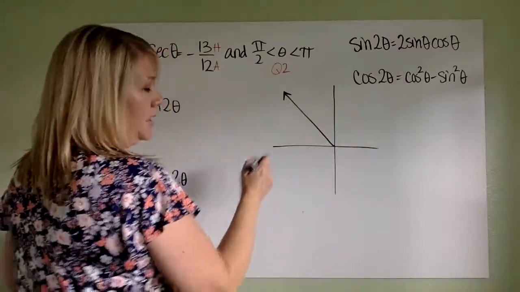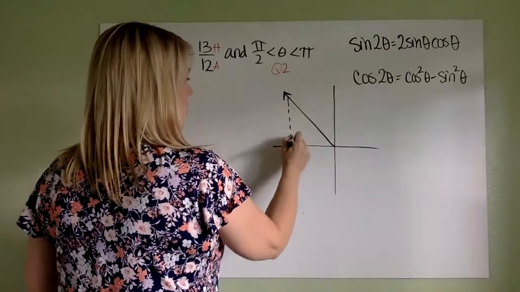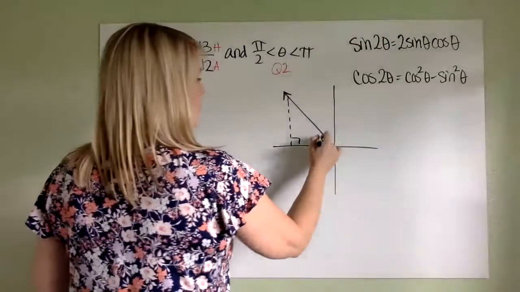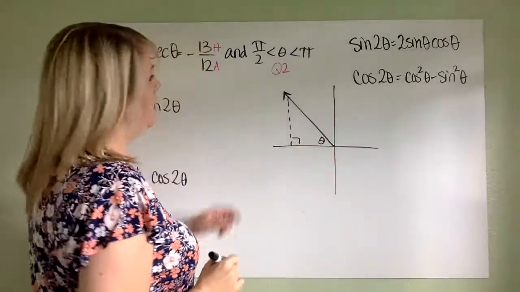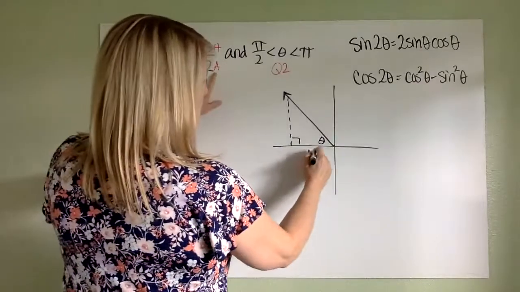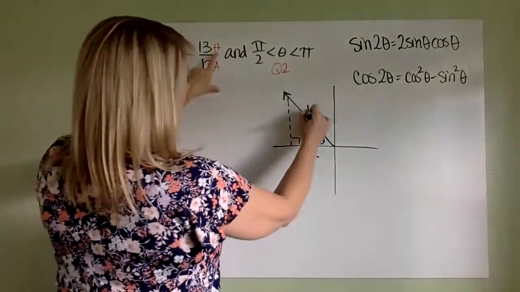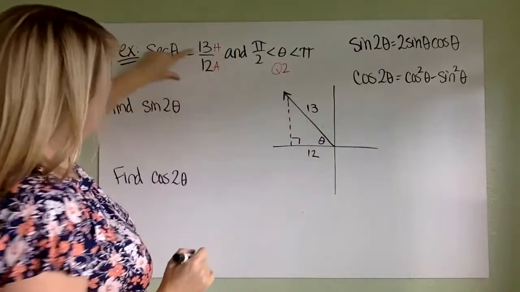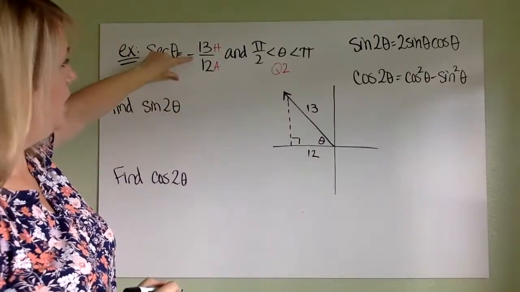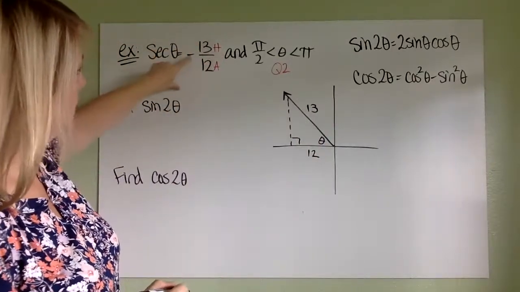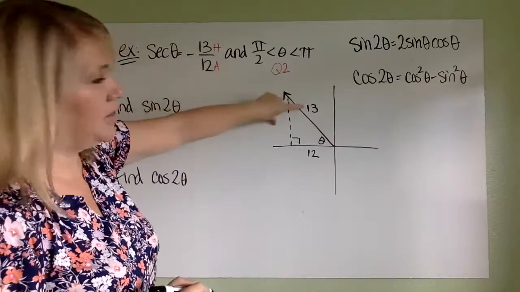It doesn't matter where I draw it. And then if I draw my little reference triangle, my little reference angle goes right here, then my 12 goes on this adjacent side and my 13 goes on the hypotenuse. And I know that one of them is negative according to the fact that this fraction is negative and it can't be the hypotenuse.